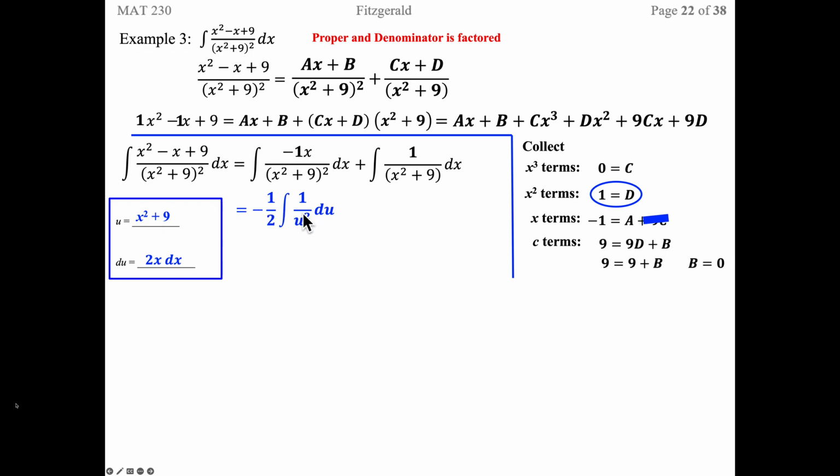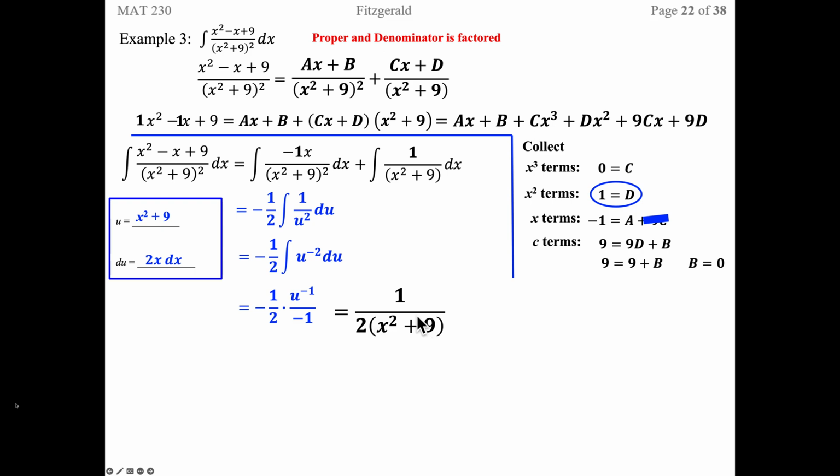And I have 1 over u squared du, which I can change to u to the negative 2 power. We can integrate that, u to the negative 1 divided by negative 1, which, well, this negative and the negative on the 1/2 will cancel each other out to be positive. Put the u back into the denominator and put your x squared plus 9 back in.